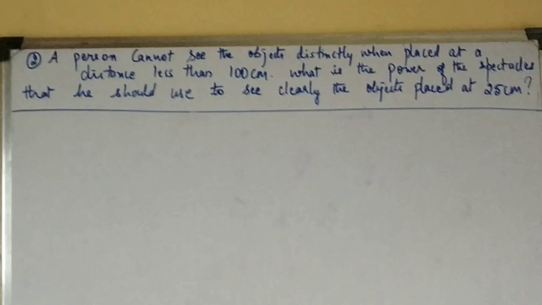So you will get 2.99 something, and we can approximate that to 3 diopter. So that person should use spectacles made out of the convex lens with the corrective focal length of plus 33.3 and the power of the lens equal to 3 diopters.